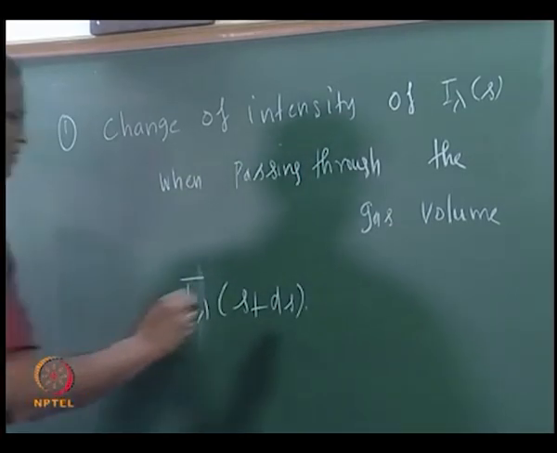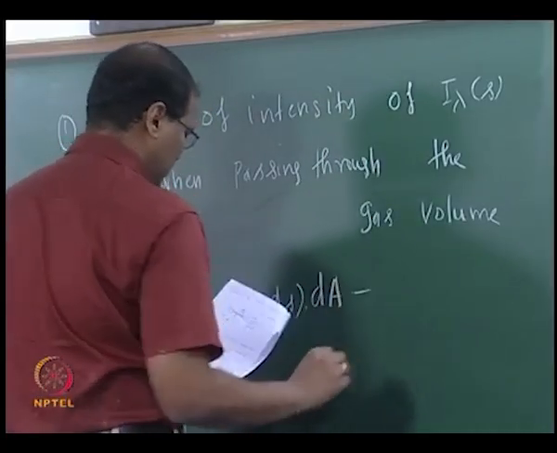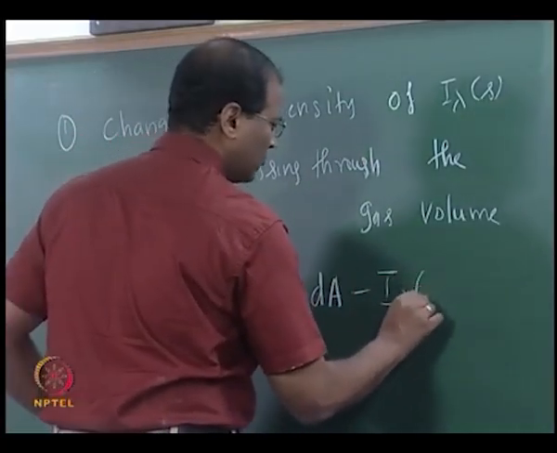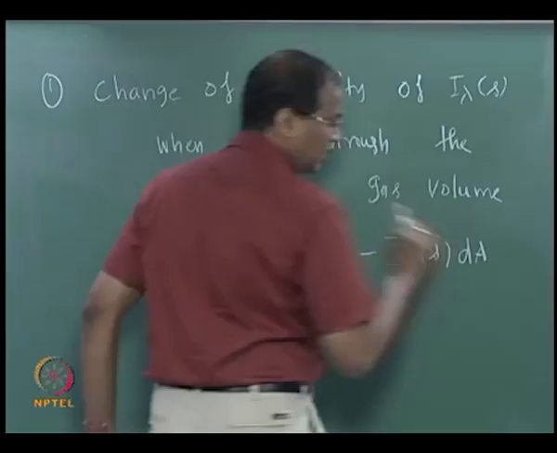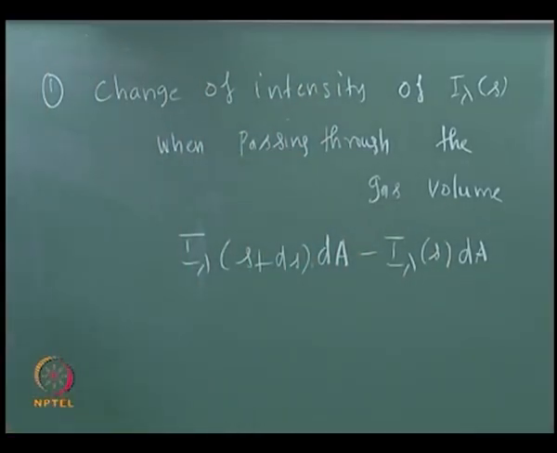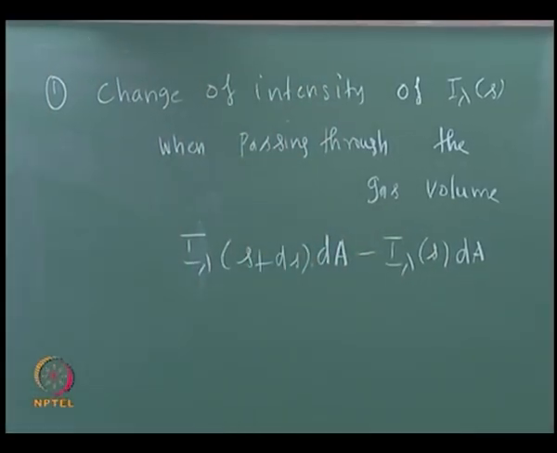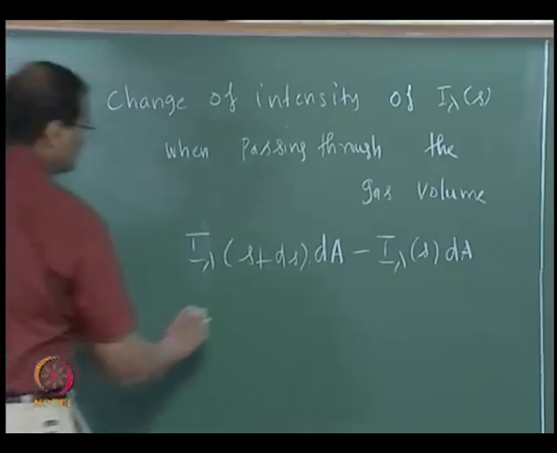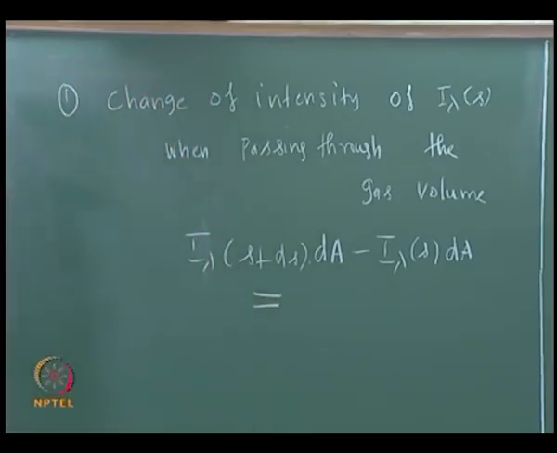That is what is going out minus what is coming in. Using a Taylor series expansion, how will you write this?